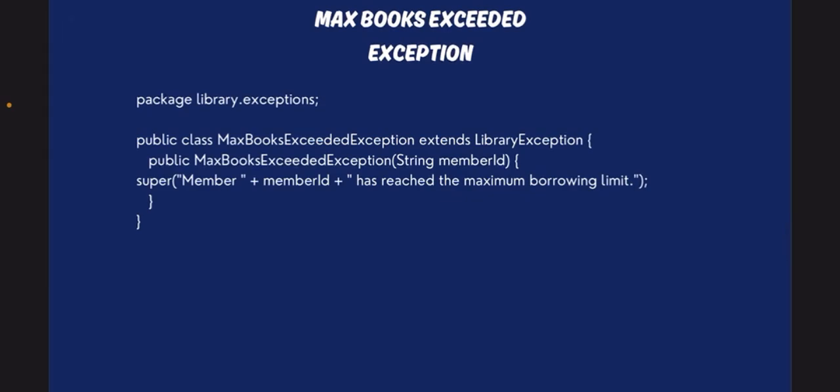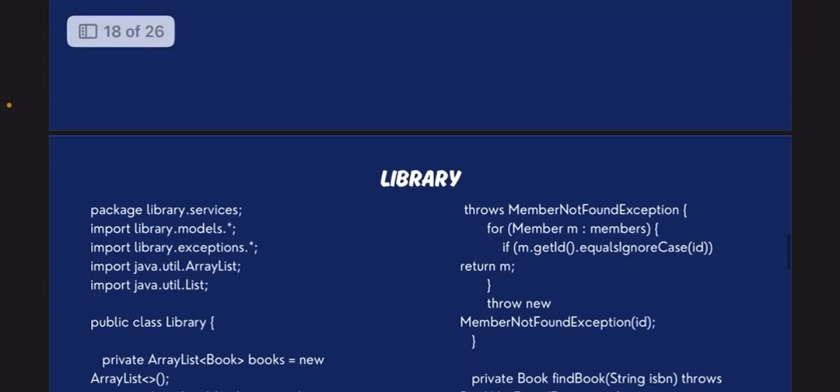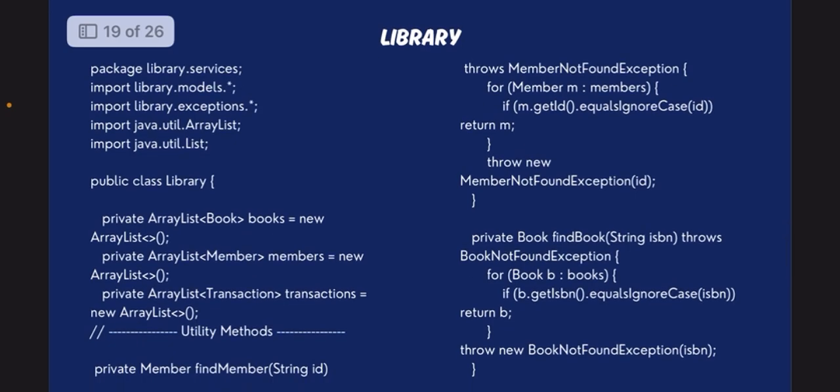This demonstrates robust error handling in Java. The Library class is the core of our system. It manages adding books, registering members, lending and returning books, searching books, and listing books, members, and transactions. It uses ArrayList to store all data and contains utility methods to find books and members easily.